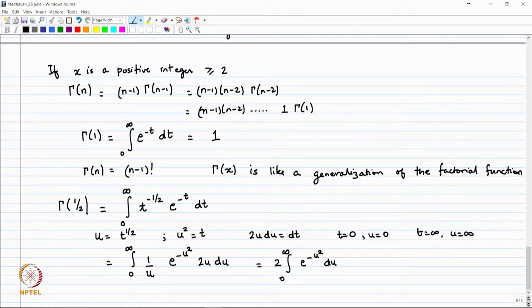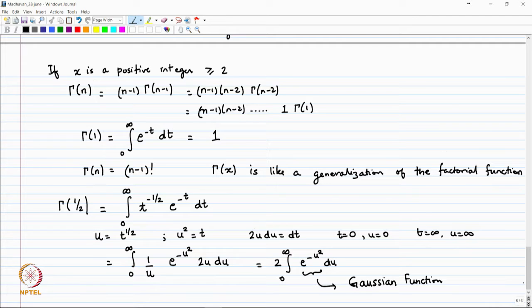This function, e to the minus u squared, is what is called a Gaussian function. So this is the integral of the Gaussian function from 0 to infinity. Now how do you do this integral?